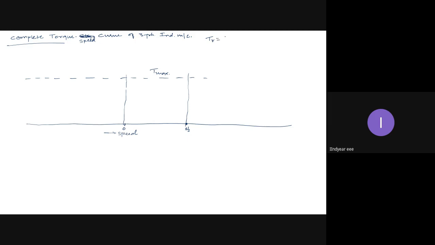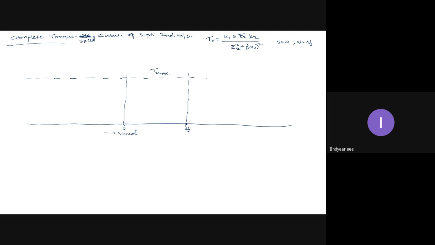TR is equal to K1 S E2 square R2 divided by R2 square plus S into X2 square. So when S is equal to 0, that is N is equal to Ns, my slip becomes 0.